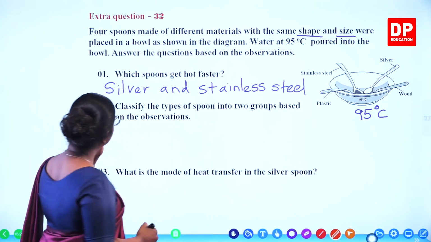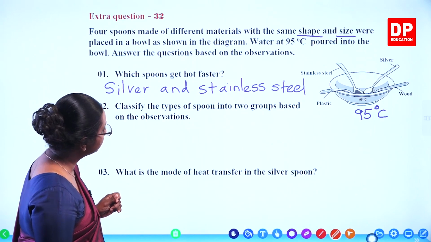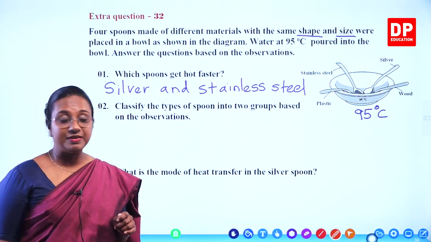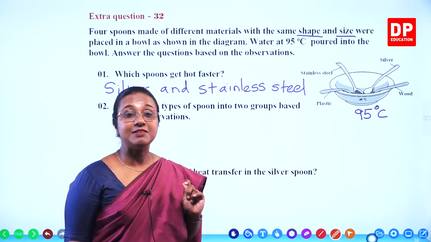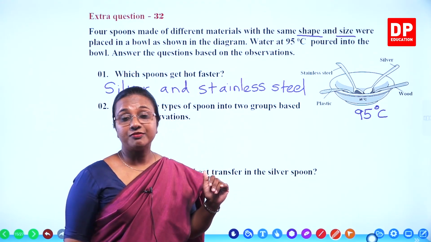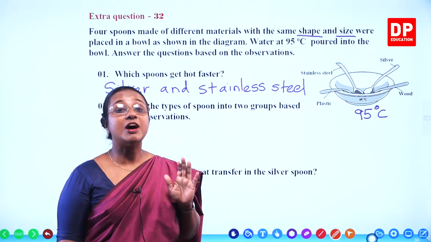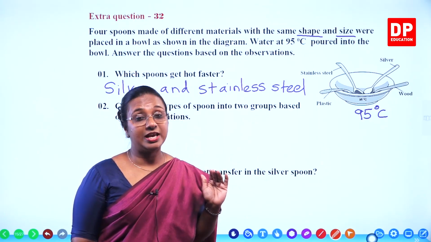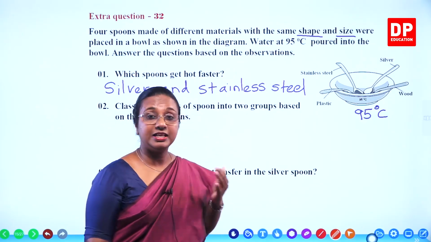So, then we have the second question. Classify the types of spoons into two groups based on the observations. So, here you can understand, students, stainless steel and silver, they are good conductors of heat, so they become hot faster. Whereas plastic and wood, what do we call them? They are insulators because they don't conduct heat well, or they don't conduct heat at all.